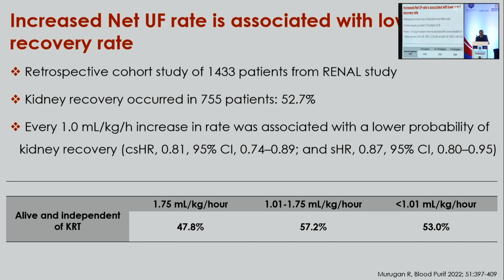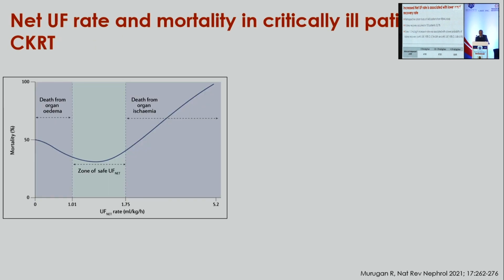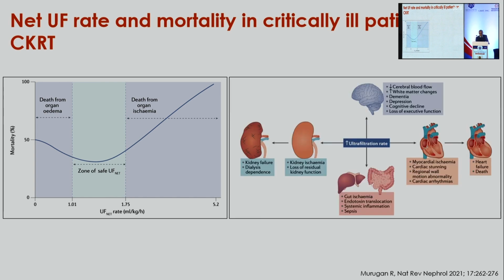And as you can see here, the recovery rate was maximum for those patients who had a UF intermittent. So what this essentially tells us is that we are probably looking at a J-shaped curve of how we would offload fluid from these patients, and the zone of safety appears to be somewhere in the range of 1.01 to 1.75 mL per kilogram per hour.